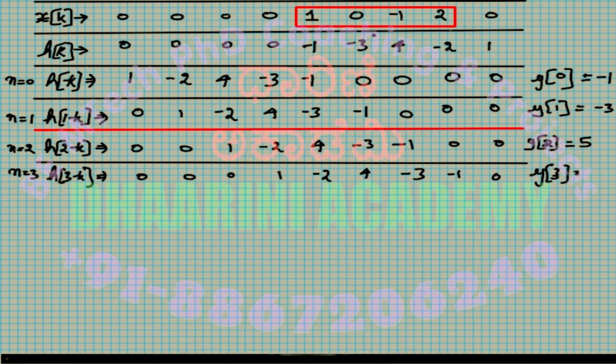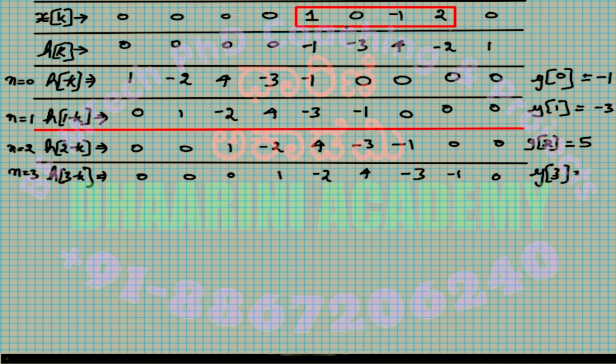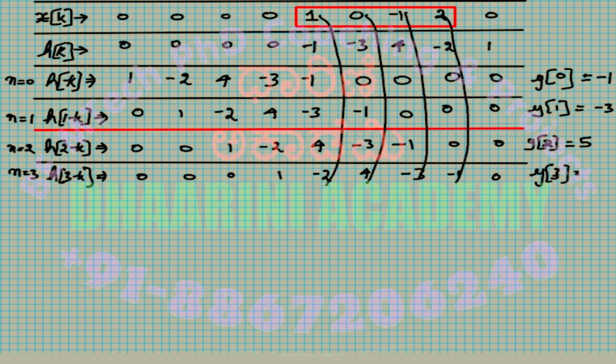That's why, if you understand now, I actually put a red color, because only this region is considered for a product. I don't have to consider any other. So it's 1 into minus 2, 0 into 4, minus 1 into minus 3, and 2 into minus 1. Only take care of this product. So what's the answer now?